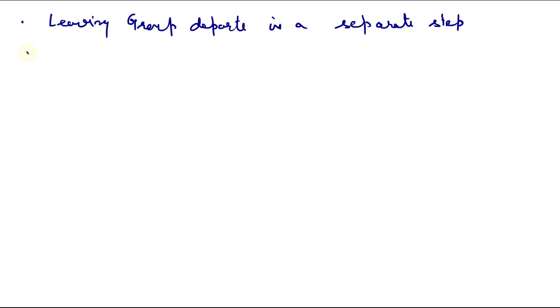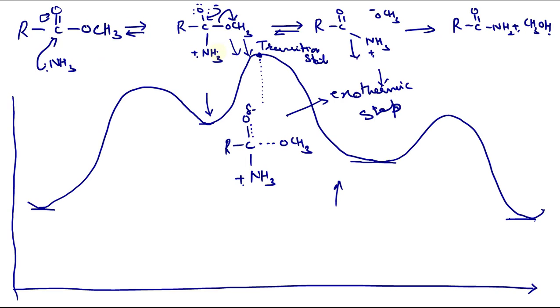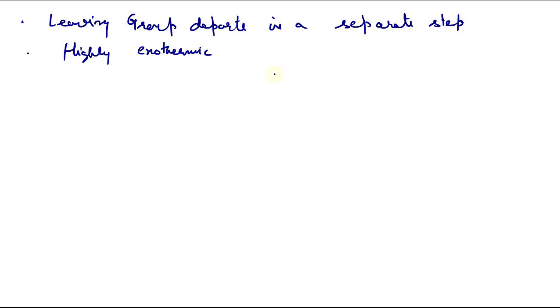Okay, this step in which the leaving group departs is highly exothermic. You can see from this diagram that this has lower energy than this. So the energy is released. Steps in which energy is released are called exothermic. So this step is highly exothermic, and it is a separate step, not a concerted mechanism.